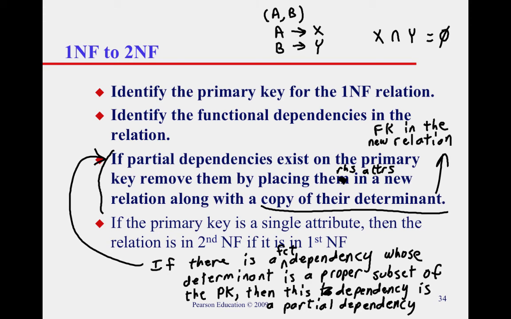As far as I know, the intersection of X and Y will be the empty set. So there won't be any overlap between the two. If A uniquely determines the values of X, B is not going to be uniquely determining the values of X. It's going to be one or the other. So you'll have one relation that's AX and one relation that's BY, and there's not going to be any overlap in those attributes.